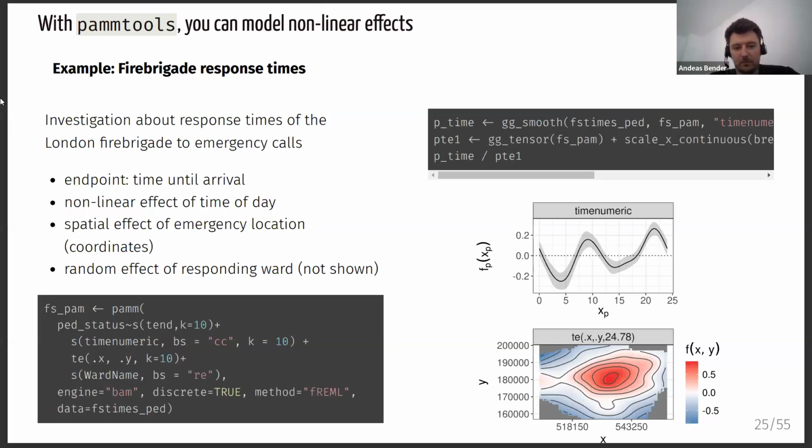And then method fREML means fast REML, which is another optimization for speed. Using these options, you can really fit the models much quicker. And we did some comparisons. The performance doesn't really degrade noticeably. So that's a great option to just make the estimation quicker.